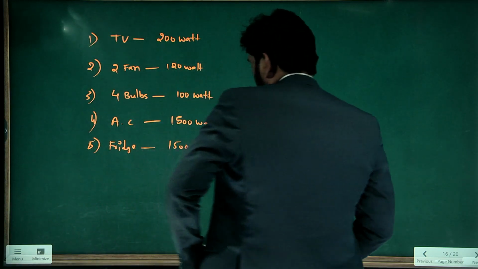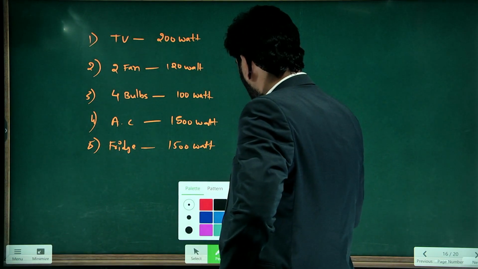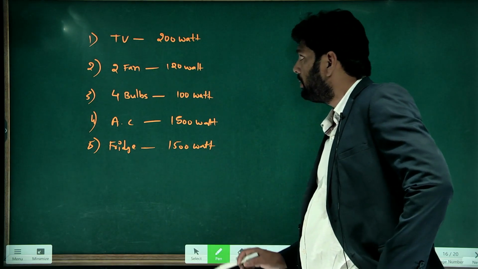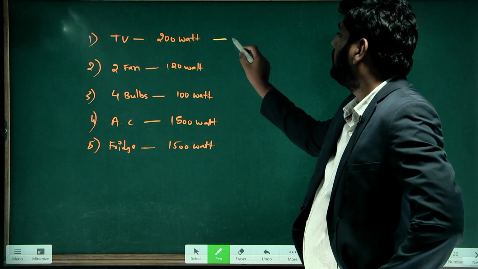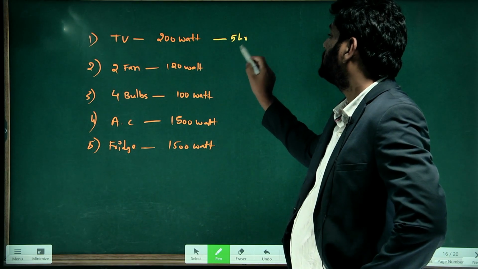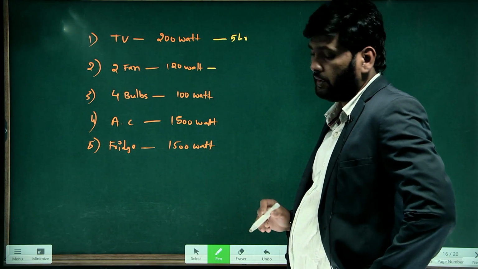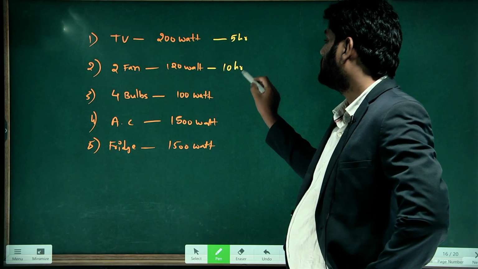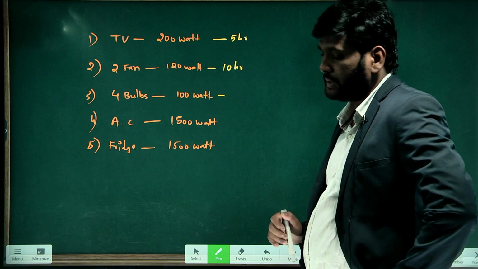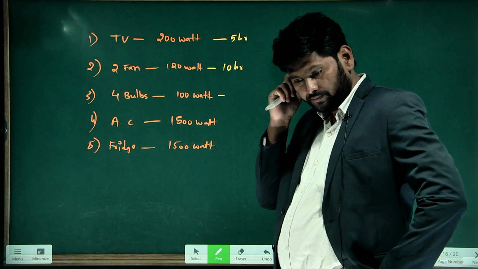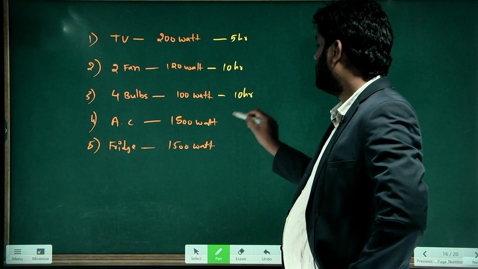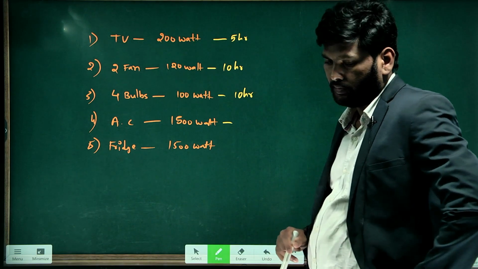Now tell me how many hours you will use the TV. Maximum 4 to 5 hours, so 5 hours each day. Fan, how many hours? Sir, 10 hours each day. And the 4 bulbs, 10 hours each. And AC, how many hours?